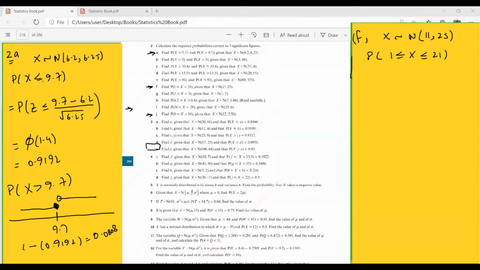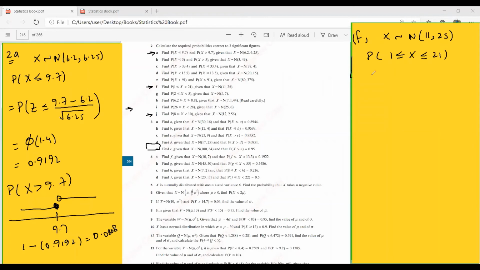Obviously 9.7 is included here, so its complement will not have 9.7 in it. I hope you understand this. Otherwise, if it's just one value, it's really insignificant to have that equal mark or not.